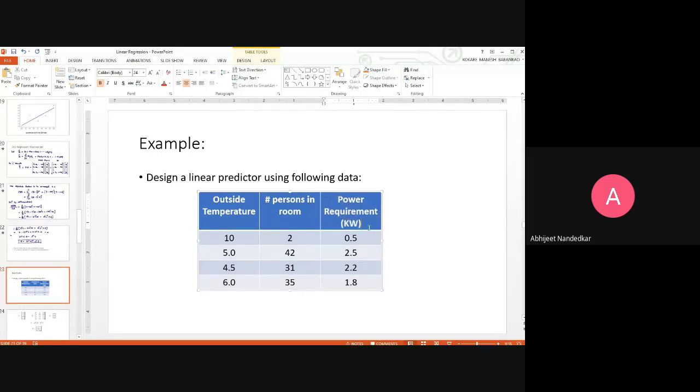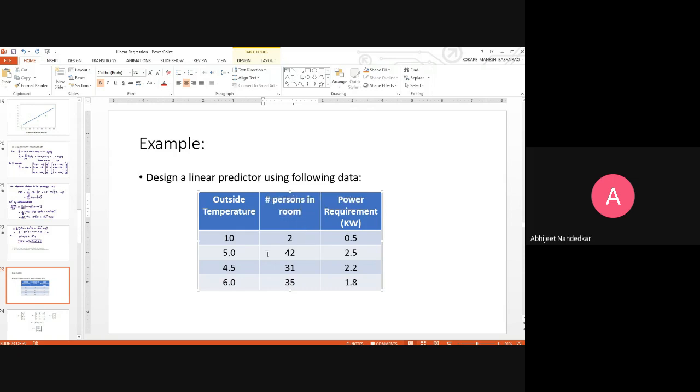The y variable is this power requirement.